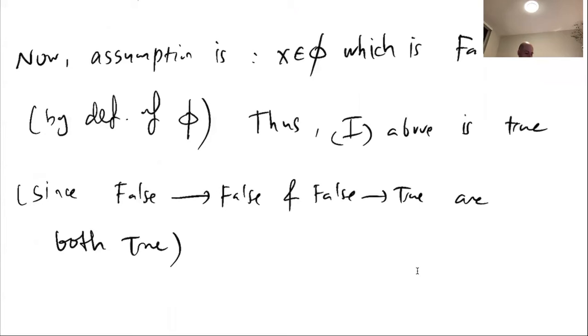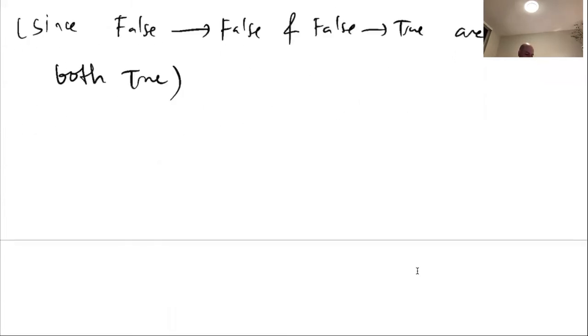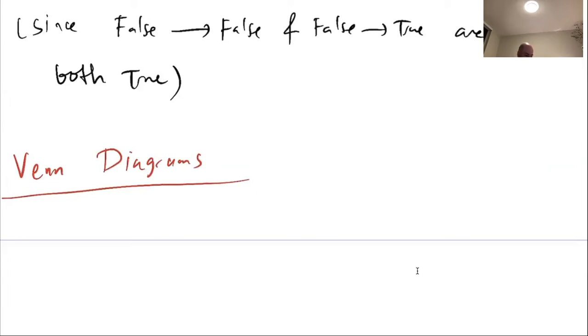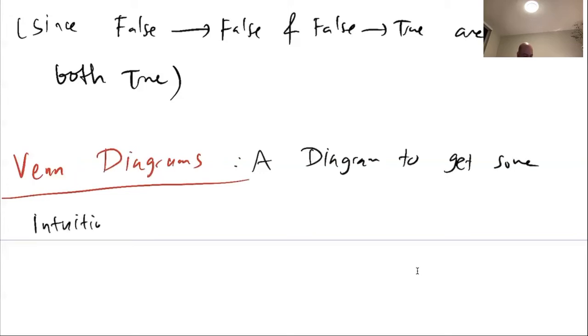Okay. Now, we want to also look at the Venn diagram. Venn diagrams are diagrams to get some intuition about sets and their properties.